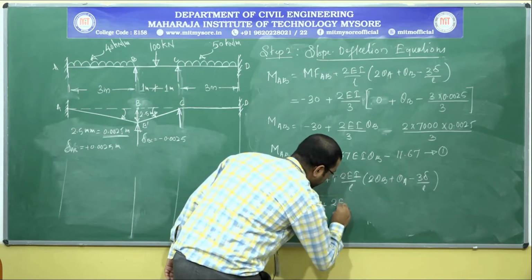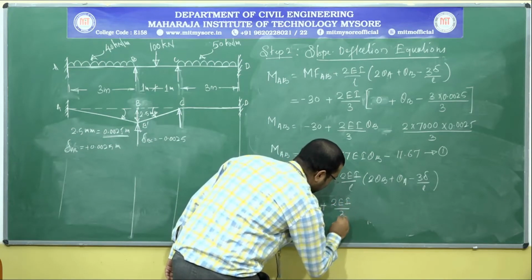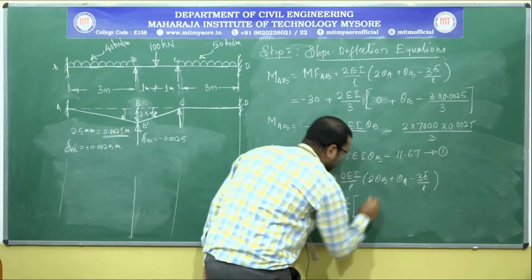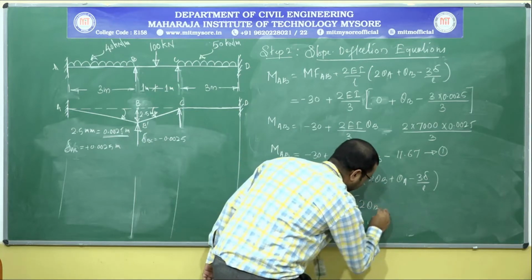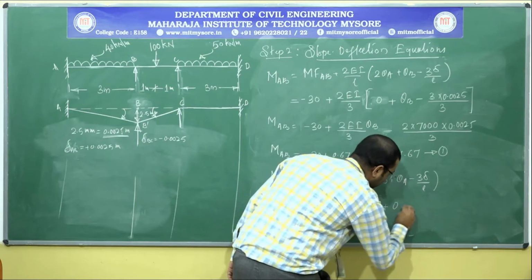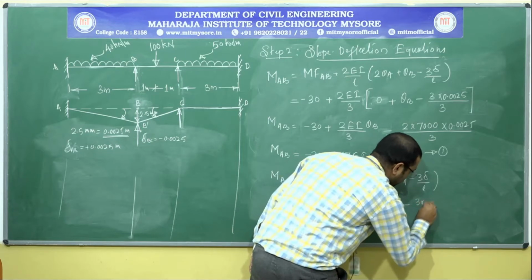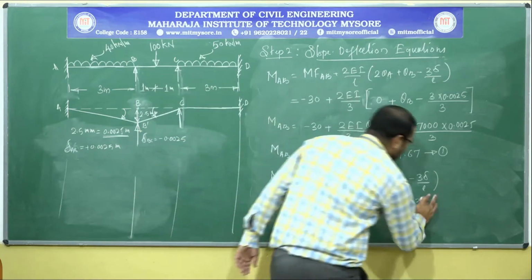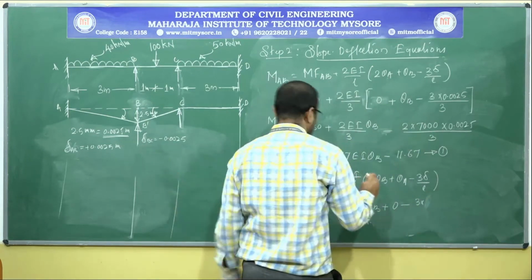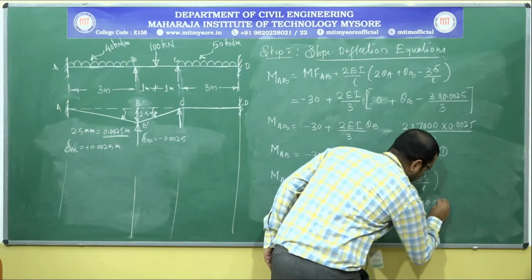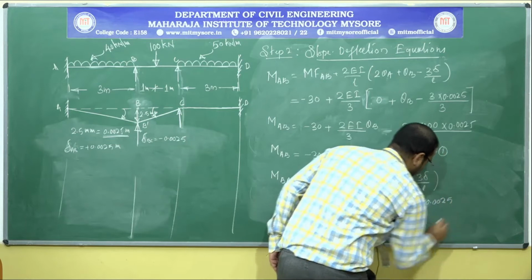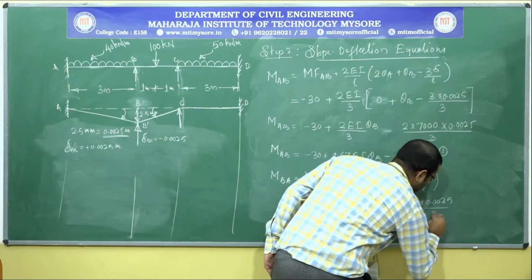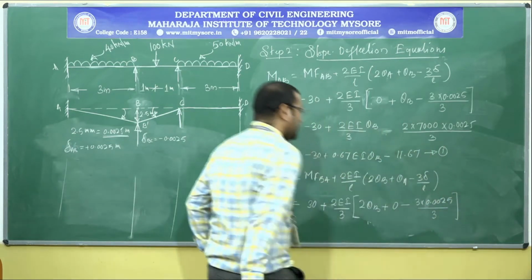So, plus 2 EI by L, L is 3 meter, into 2 theta B plus theta A value is 0, minus 3 into the delta value for again AB span remains same, that is 0.0025 divided by 3, okay.